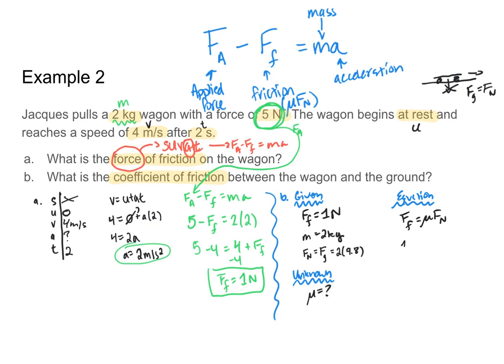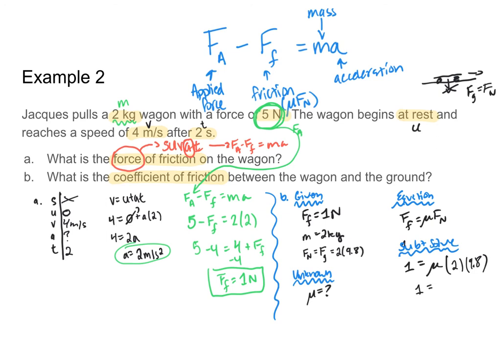Let me go ahead and just write out my sub and solve step. So my force of friction is 1, and that is equal to mu times my normal force. And again, my normal force is equal to my gravitational force because my wagon is rolling across the flat ground and not falling through the earth or floating up into the sky. So that means that my normal force is equal to mg, or 2 times 9.8.